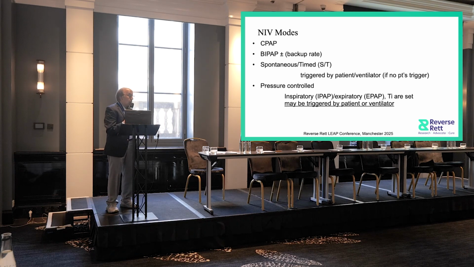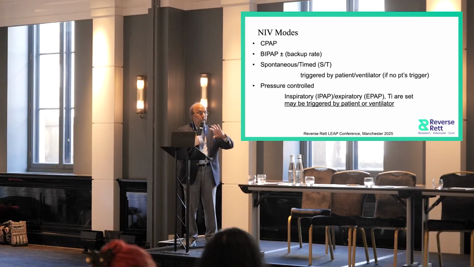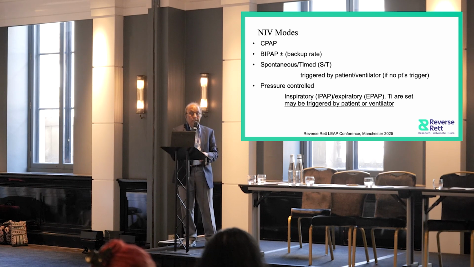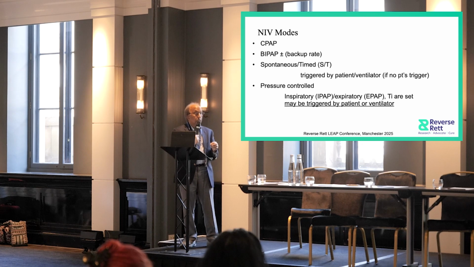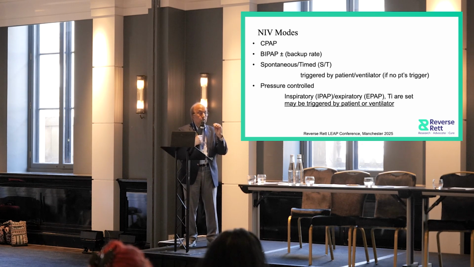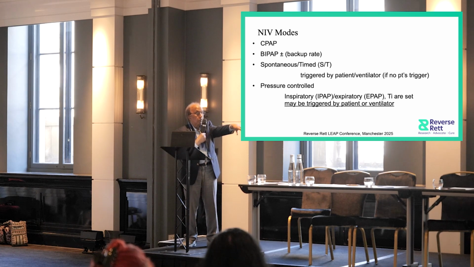Now the modes. What kind of modes do we use for the ventilation of these patients? Simplest possible is the CPAP. CPAP is continuous positive airway pressure. If you think of it, my arm is in the sleeve of this jacket. If there is no arm, the sleeve will collapse.